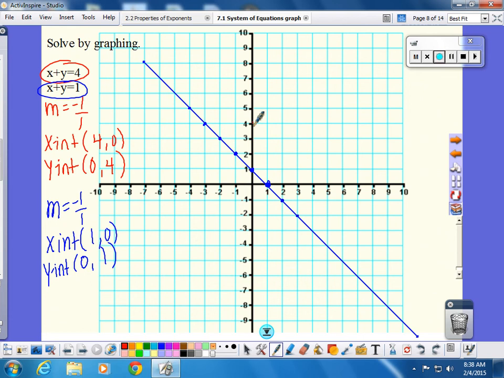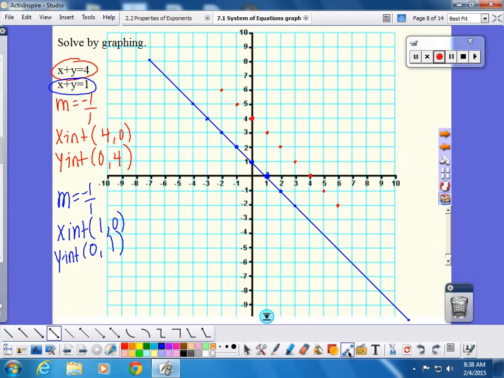And then 4 and 4 with the same slope. So where do my lines intersect each other? They don't. So what's my solution? Uh-oh. There is none.